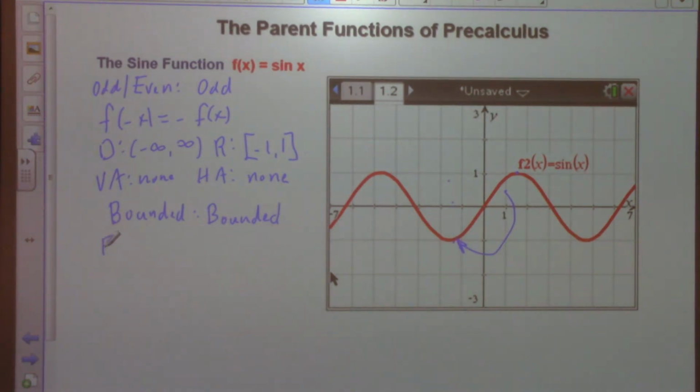And end behavior. Limit as x approaches infinity of f of x. As x approaches infinity, what does f of x approach? 0. No. Yeah, there is none. So it does not exist.